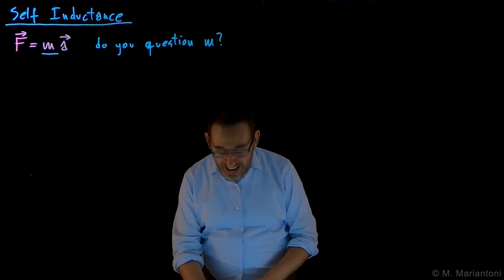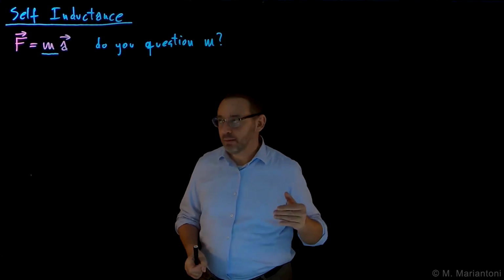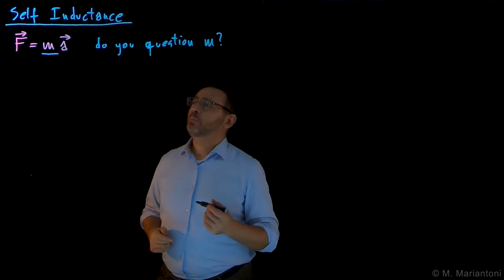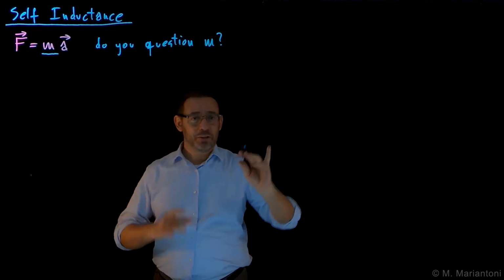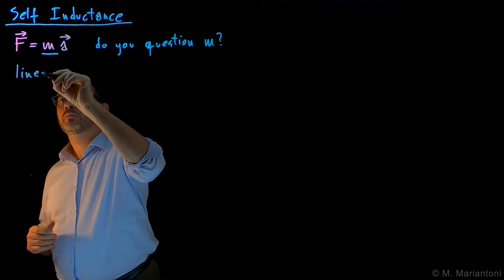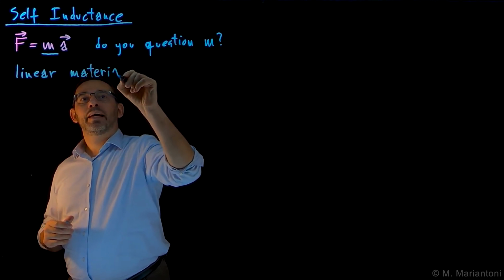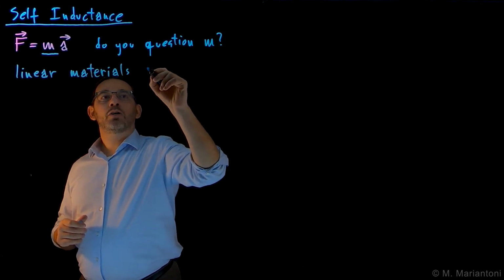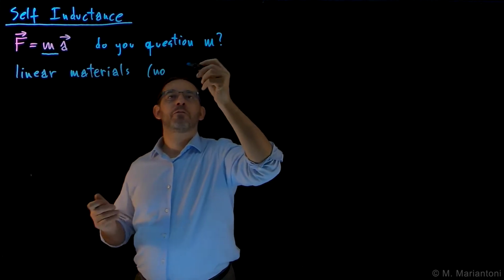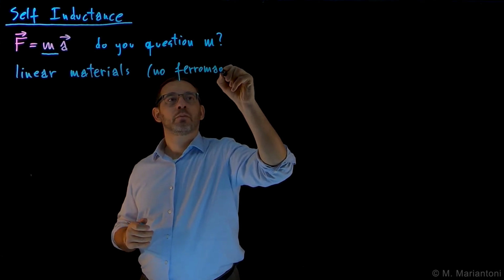However, there is an important caveat we need to give before starting this discussion: in this course, we'll consider only so-called linear materials. That is, we will not consider ferromagnetic materials, like magnets.